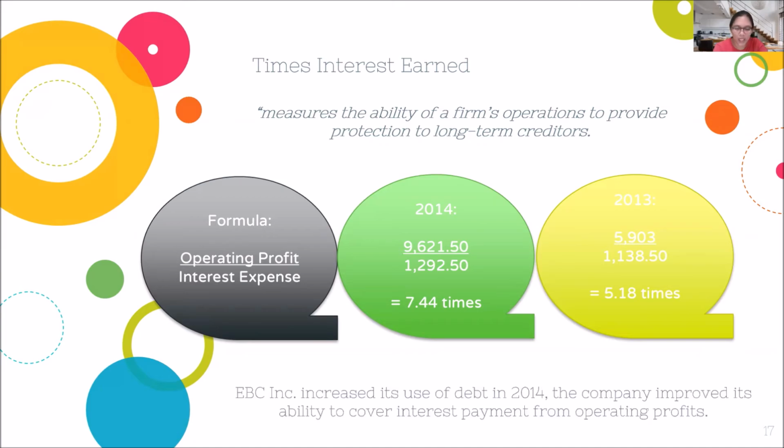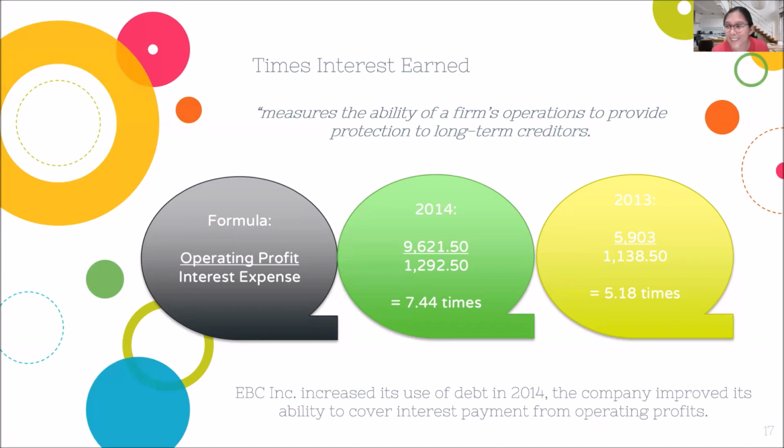So what does this indicate? The increase: EBC increased its use of debt in 2014. The company improved its ability to cover interest payment from operating profit. So as you can see, if we look at the income statement, from 2013 the interest expense is 1,138, which was increased in 2014.